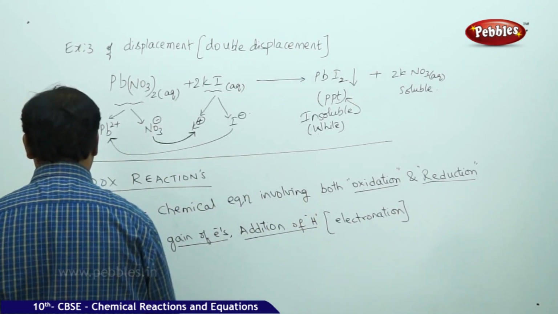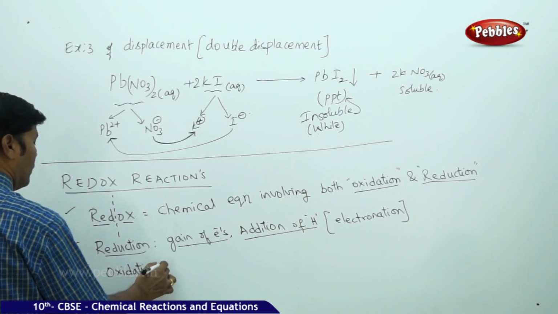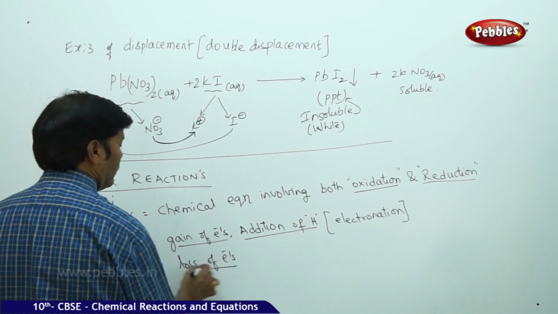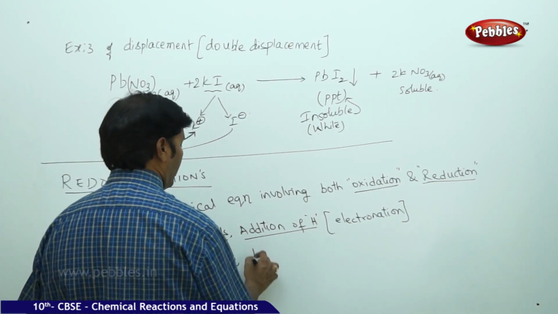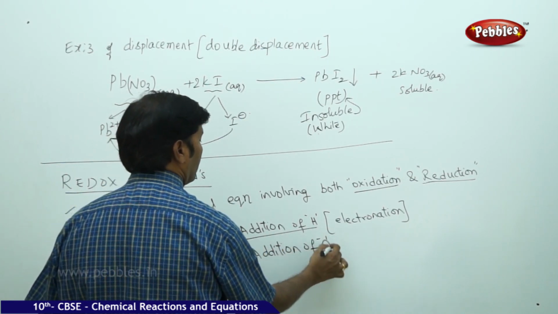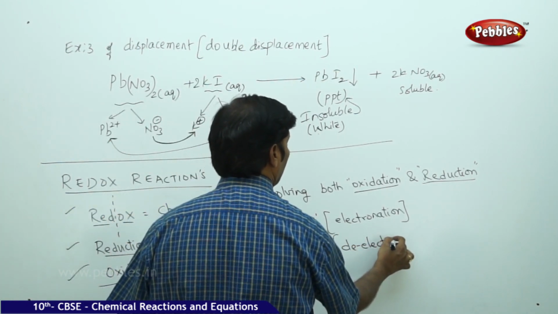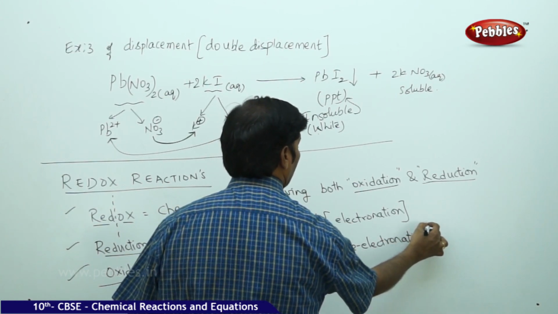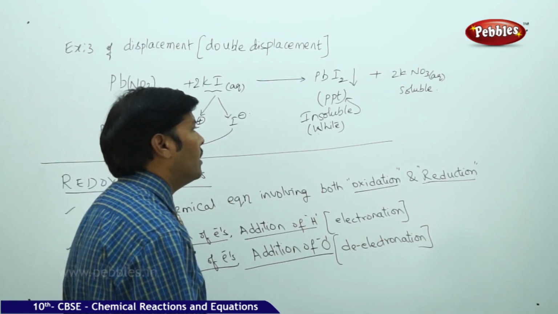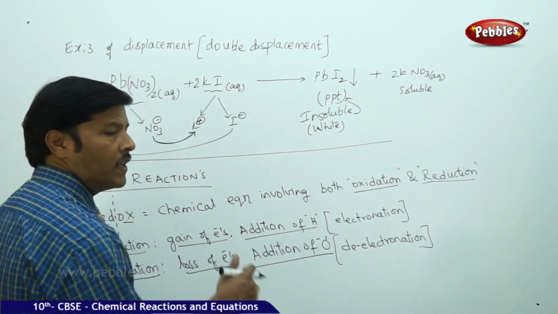Now oxidation: loss of electrons, addition of oxygen, also called de-electronation. Suppose a reaction can involve both oxidation as well as reduction.